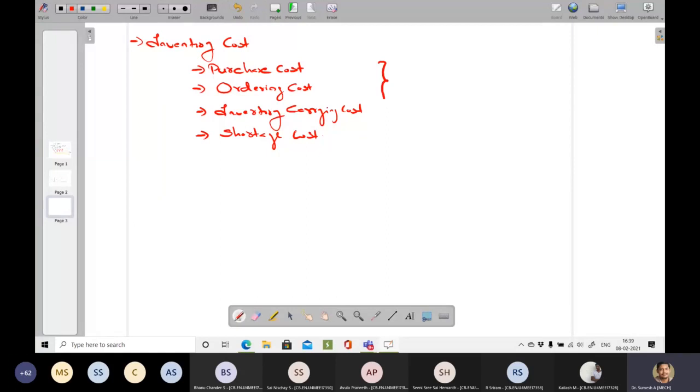Now we will see what all these things are individually. What is actually the purchase cost? Purchase cost is nothing but price per unit multiplied by demand per unit time.